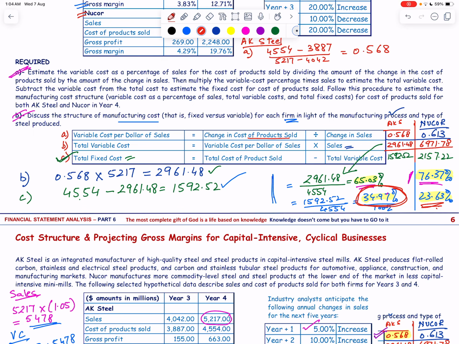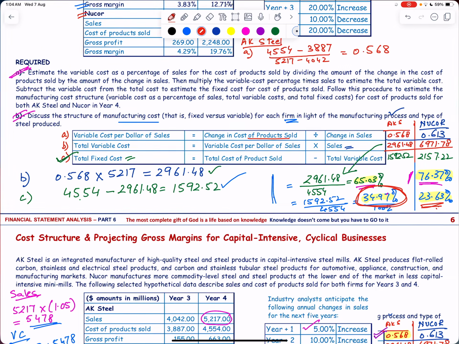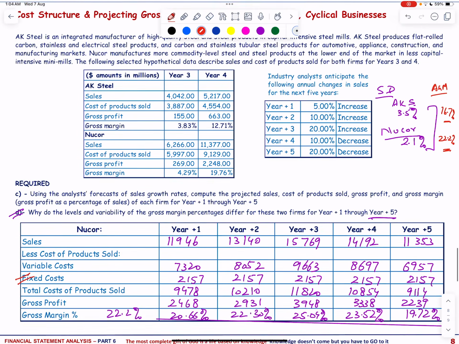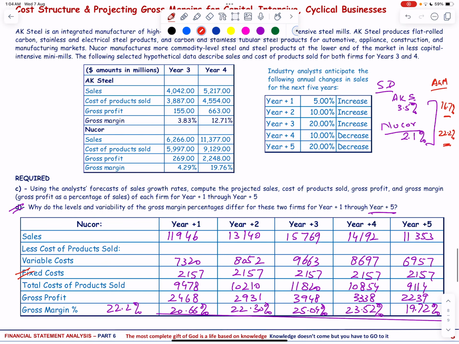When we talk about the gross margin variability, we can see that AK Steel experiences greater variability in its gross margin, with a standard deviation of 3.5% as compared to Nucor's 2.1%.